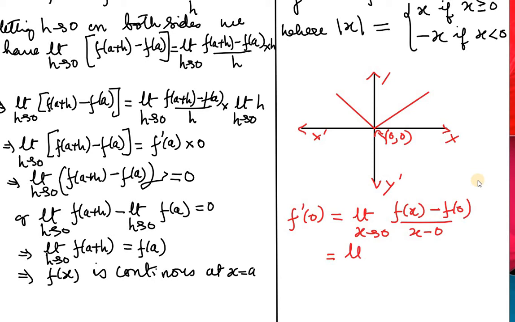It is limit x tends to 0, f of x minus f of 0. Now what is f of 0? If you replace x by 0, then f of 0 will be 0 itself. So this reduces to limit x tends to 0, f of x by x.